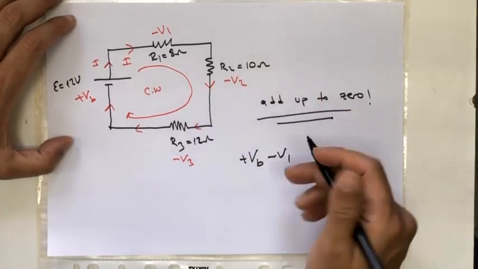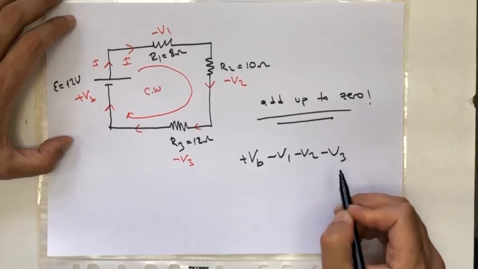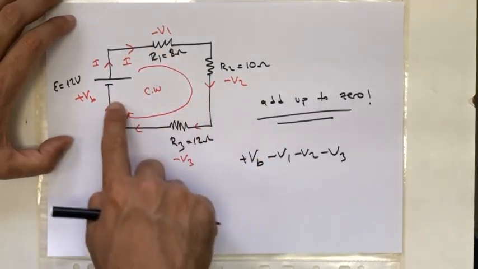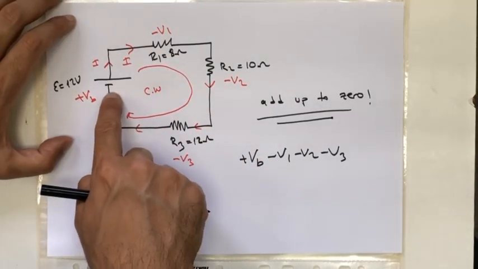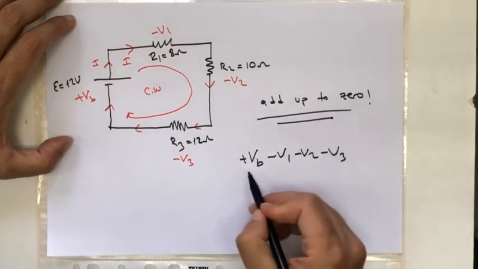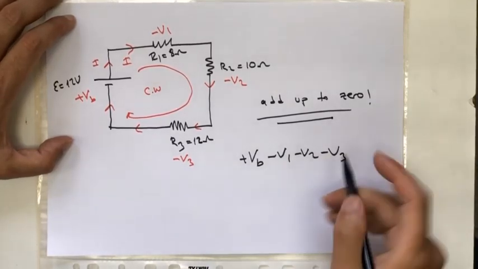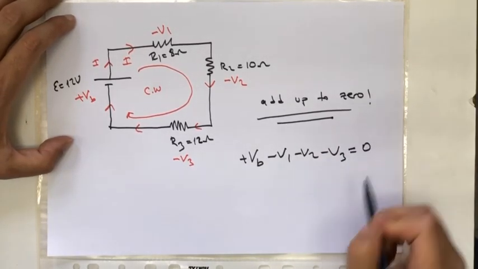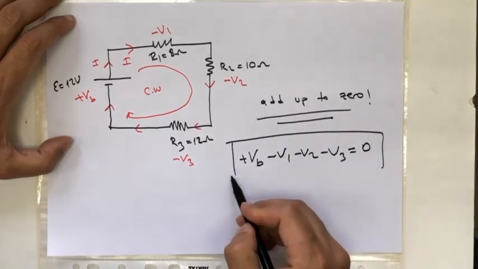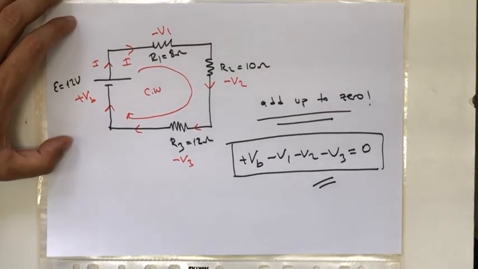For R2 minus V2, for R3 minus V3. And the loop is completed when I come to the negative terminal of the battery. So this sum must be equal to 0. This is the equation corresponding to the loop law.